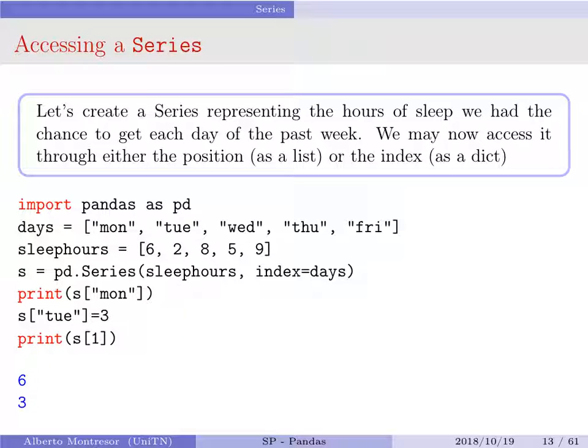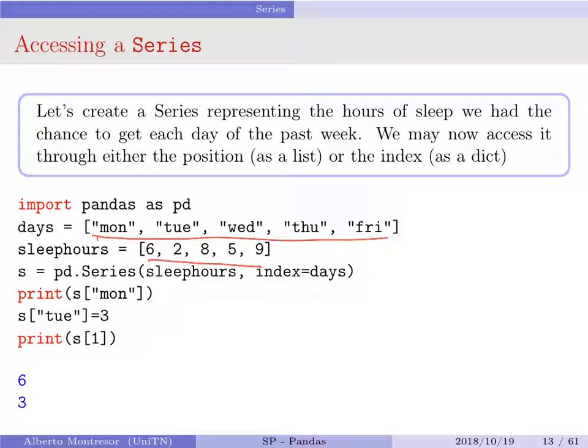This is an example of a series in which you have the days of the week from Monday to Friday, and then sleep hours, the number of hours that you have slept during those days, okay? Or on average, I don't know, just 2 hours on Tuesday, very little, but anyway.